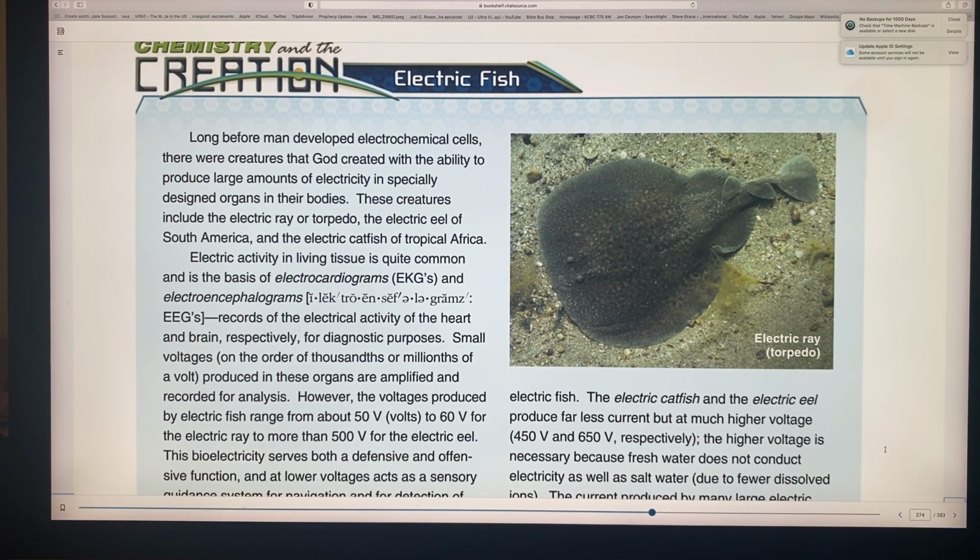Animals that can carry electric current, well, it's not uncommon, because even in our living tissue, if you do an EKG to your heart and an EEG to your brain, both your heart and brain do carry small voltages of electric current. That's why they do these tests, to see if the electric current and electrolytes in your body are working. So we have electricity going on inside of us. Wow.